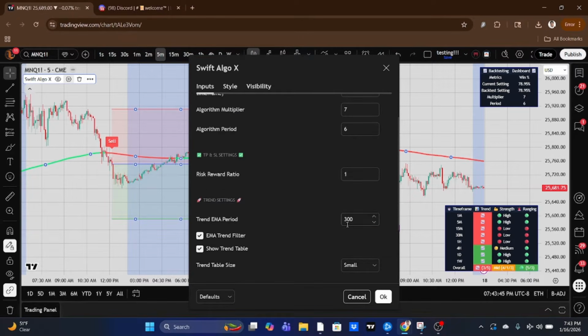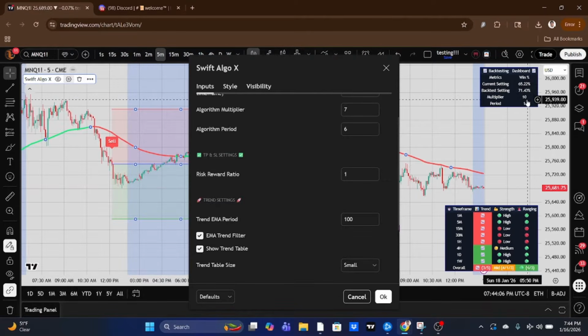EMA period, I usually keep this as 300 by default, but you can change it to 200 if you want. Let's say if it changed something in the settings, it's still loading. So I did drop it down to 69.57. And then if you change that to 100, let's see, loading. So it increased by a tiny bit, 71.43%.